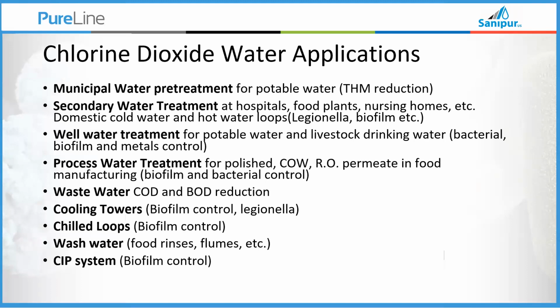Well water treatment for iron and mineral control, as well as biofilms and E. coli. Processed water for condensate, RO permeates in the food and beverage industries. And then wastewater, cooling towers, chilled loops, wash water systems, CIP systems, all kinds of those applications in water.